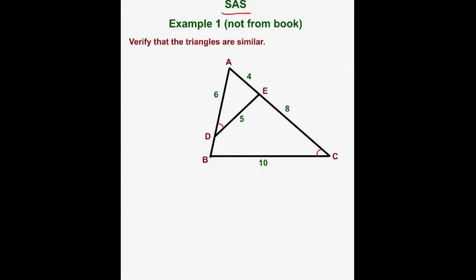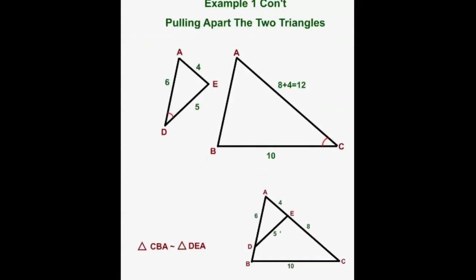One technique, and once you get better you can just figure these things out really quick, is to simply split. Here's my original, and all I did was redraw this triangle, pulling them apart, and that gives me a better visual on how to compare these two triangles. Again, here's my angles.